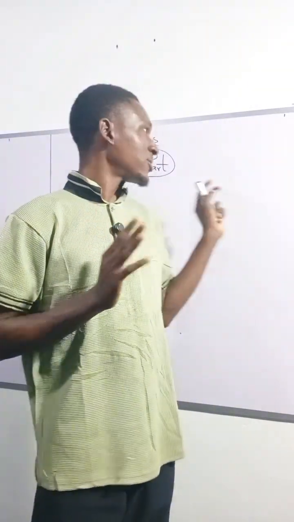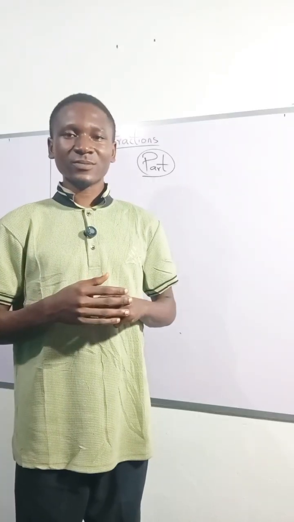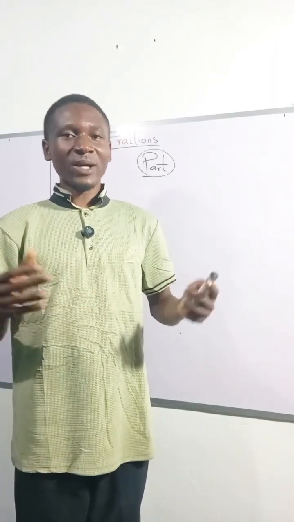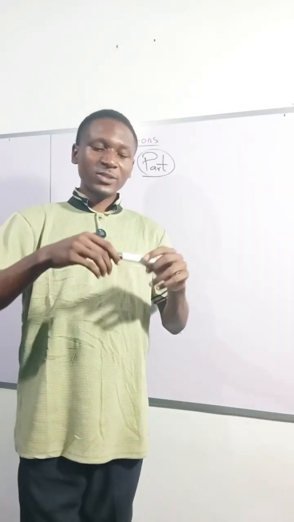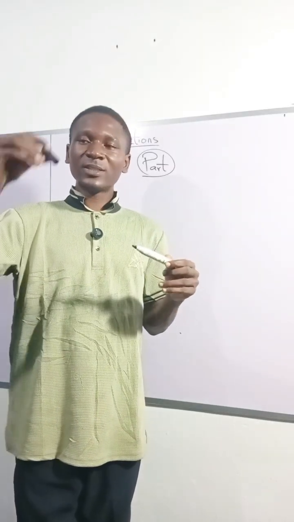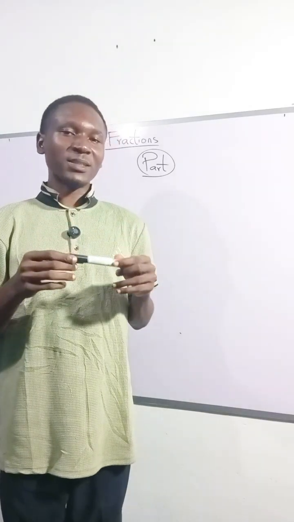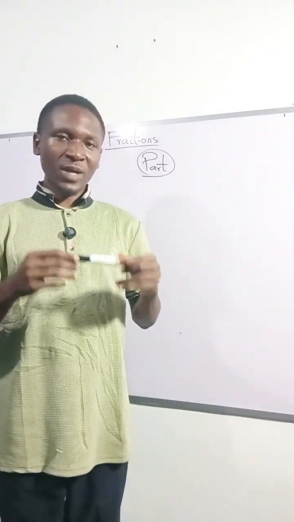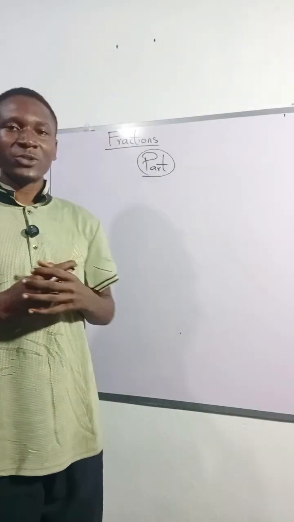So fraction just means part, P-A-R-T. So part of the body, you can replace it with fractions of the body. If I take the cover of this marker out of it, this cover becomes a fraction of the complete marker. It's a part of the complete marker. That is what fraction talks about.